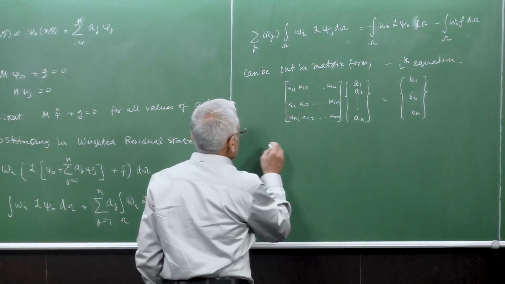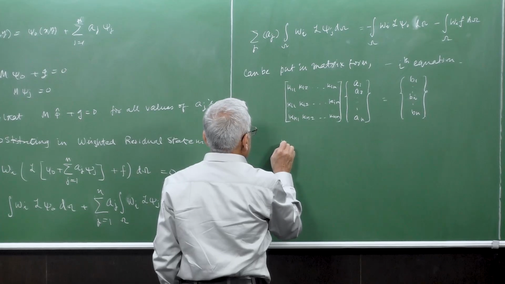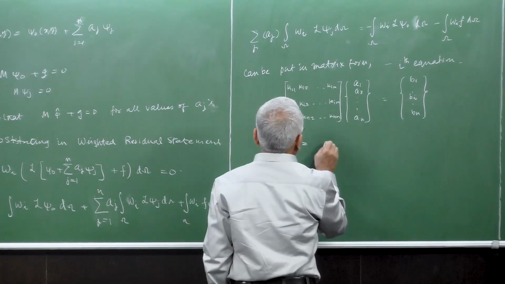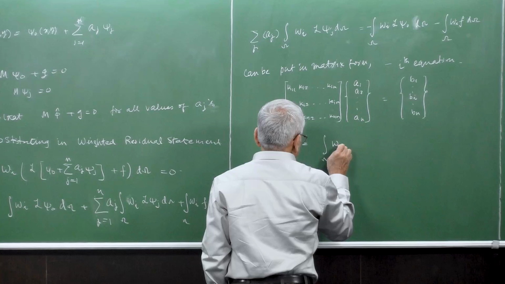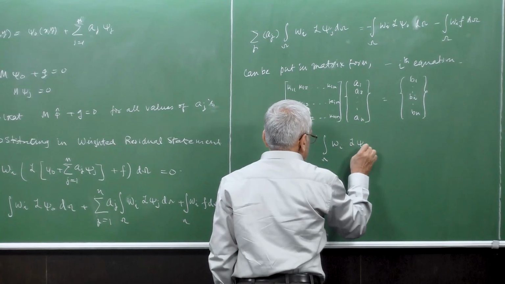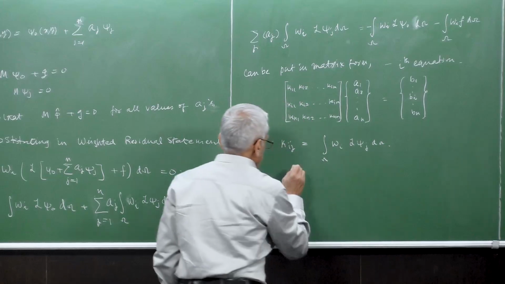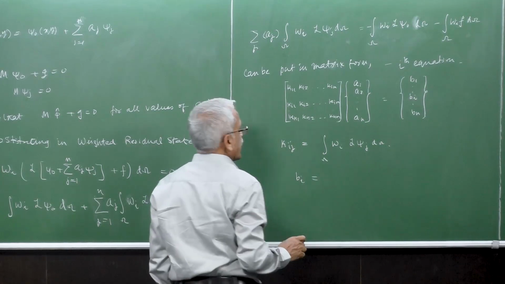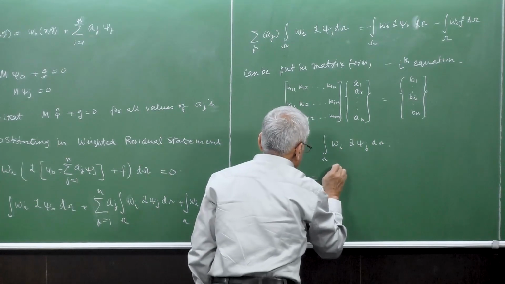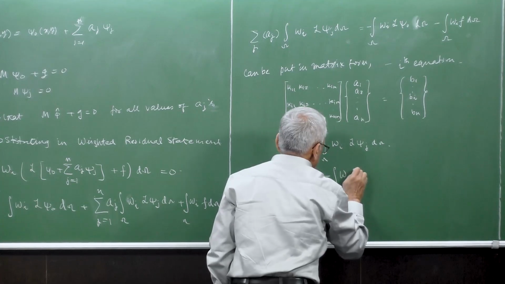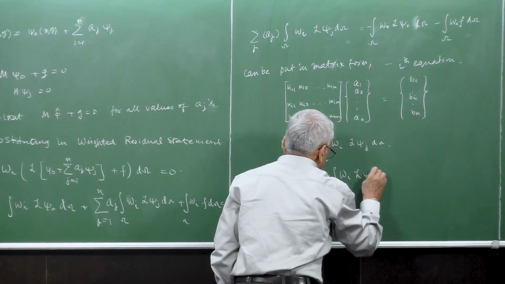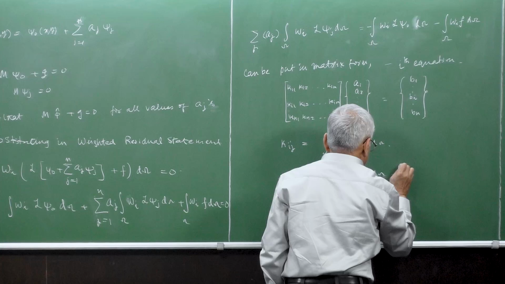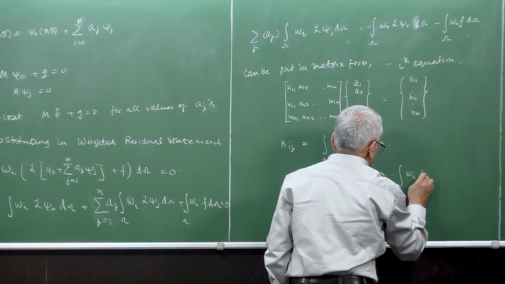If you look carefully, the general term Kij is nothing but the integral of Wi L psi j, and the right side bi can be identified as the integral of Wi L psi naught minus Wi f.